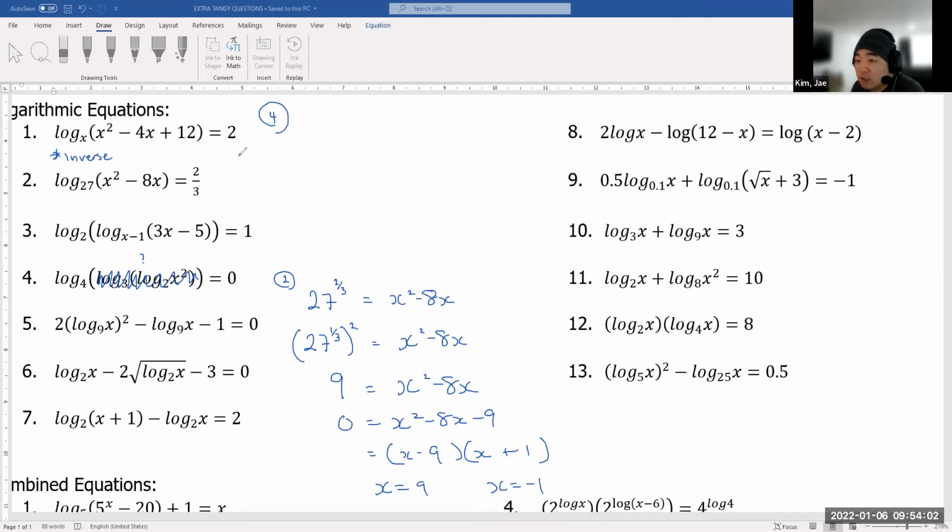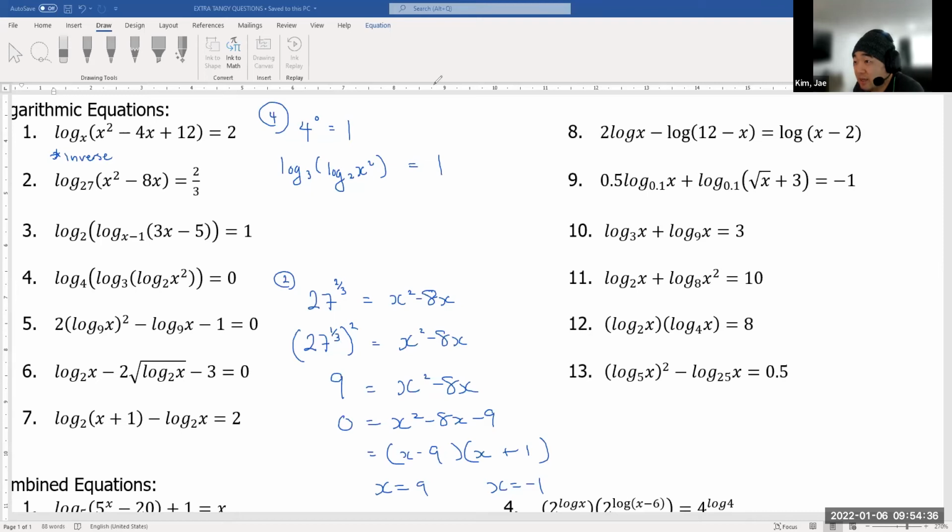Number 4, log base 4 of something equals 0. So if I turn that into an exponent, 4 to the power of 0 is equal to that question mark, which is obviously a 1. So bring that back. Whatever was inside this logarithm is equal to 1. What does that mean? It means log of base 3 of log of base 2 of x squared is equal to 1.